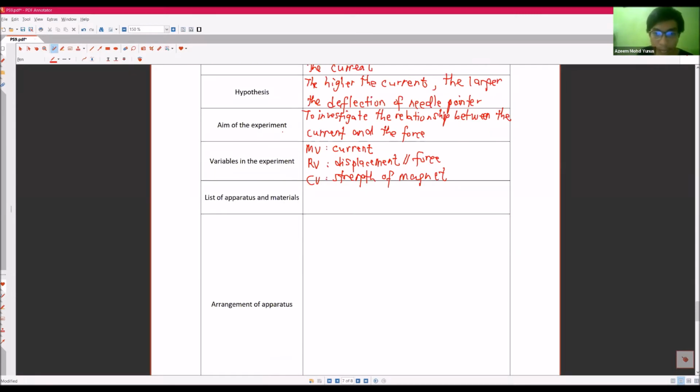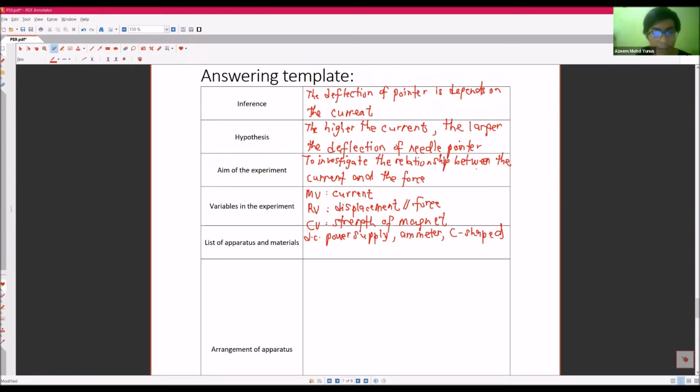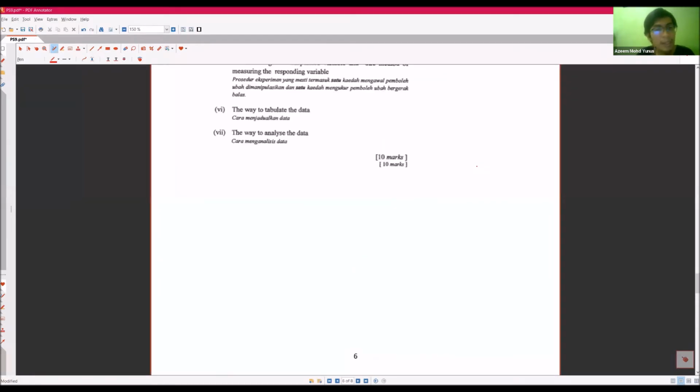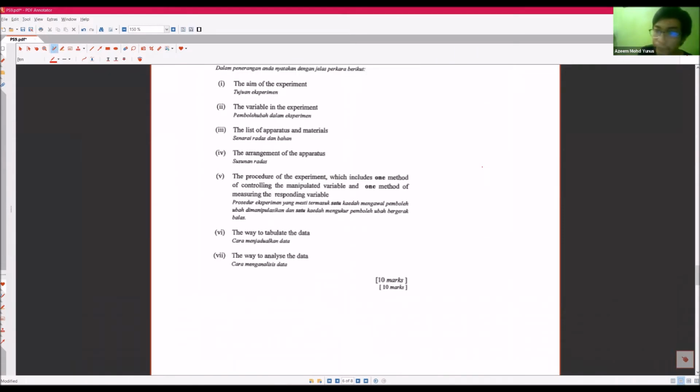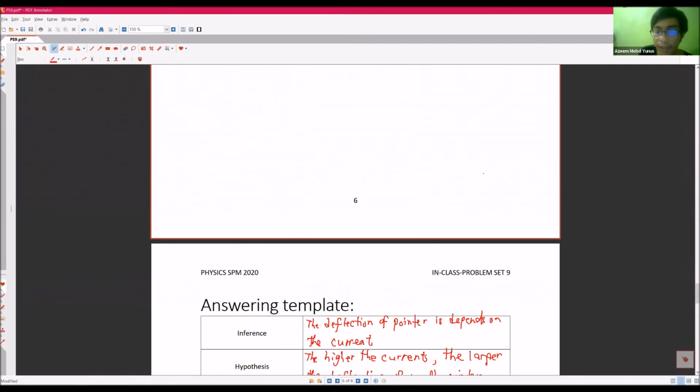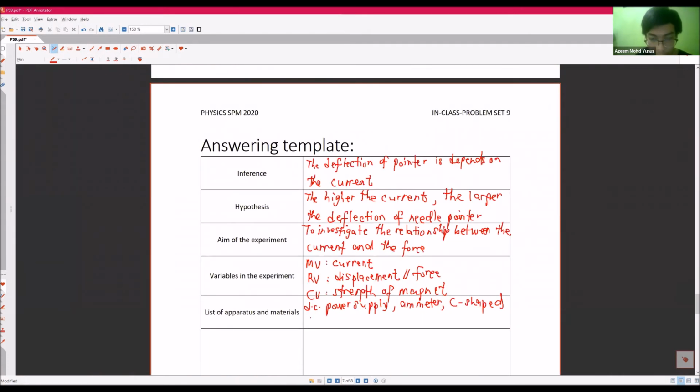So the list of apparatus and materials. First, DC power supply, ammeter, C-shape steel yoke, bare copper rod.